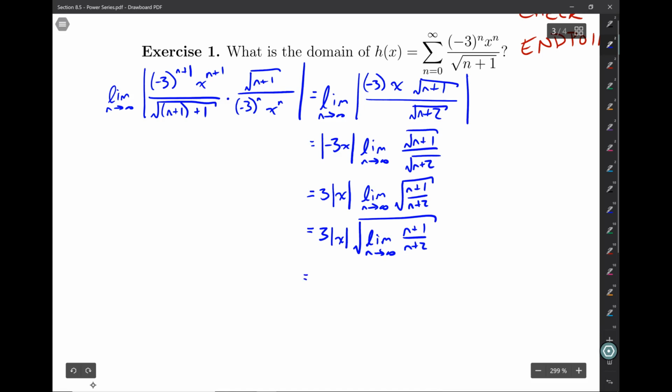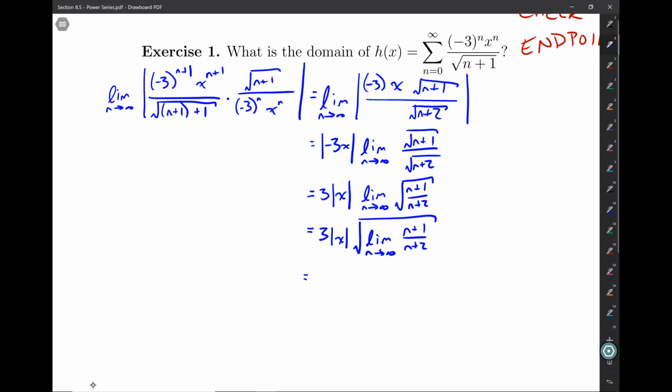Here, when we're looking at the limit as n approaches infinity of n plus 1 over n plus 2, we should hopefully be able to recognize this as a 1 at this point, but to see some of those details, we can use L'Hopital's rule because we do have an indeterminate form of type infinity over infinity.